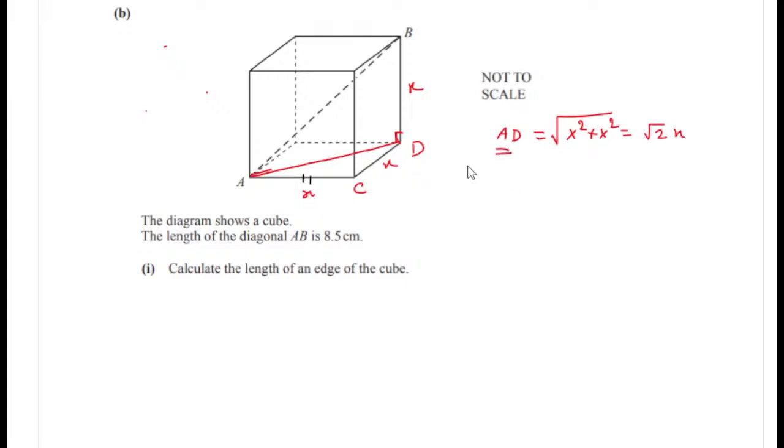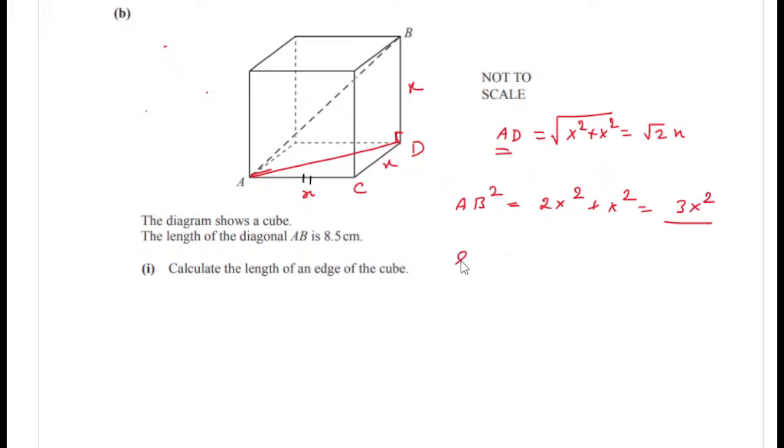Once you find AD, you can work out AB. Your AB square is AD square, which is 2x square, plus x square, that is 3 times x square. So 3 times x square is AB square.